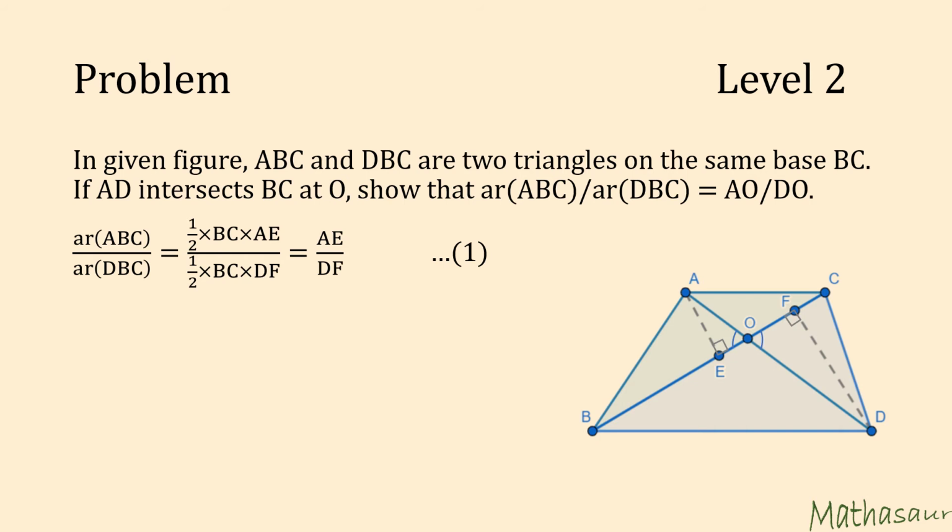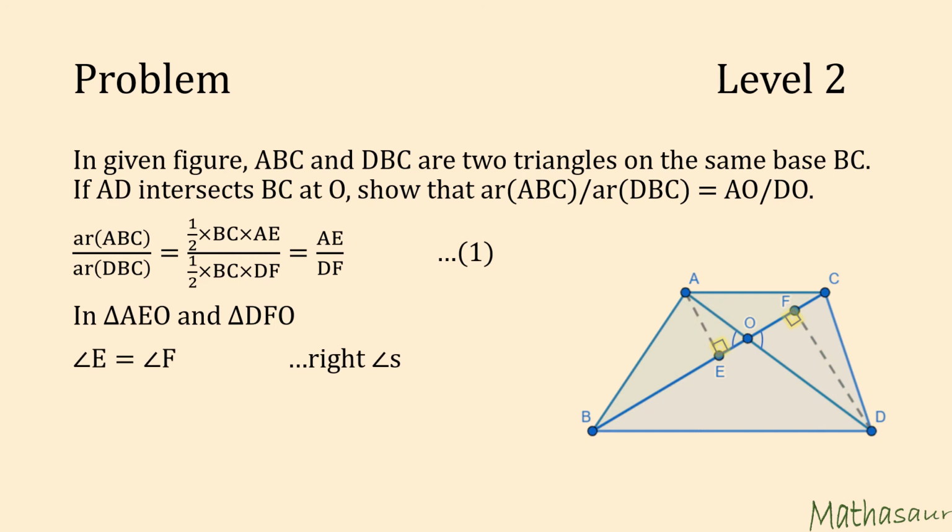Now let us look at the two triangles that AE and DF are a part of. So we are looking at triangle AEO and triangle DFO. Do you see something? Angle E is equal to angle F since they are right angles. And we have already spotted a pair of vertically opposite angles.